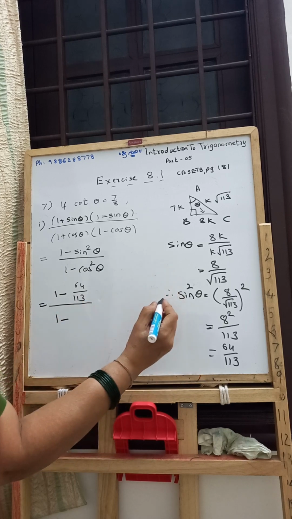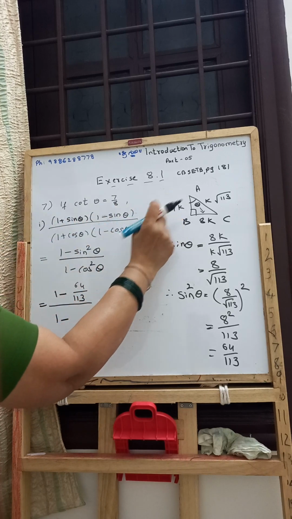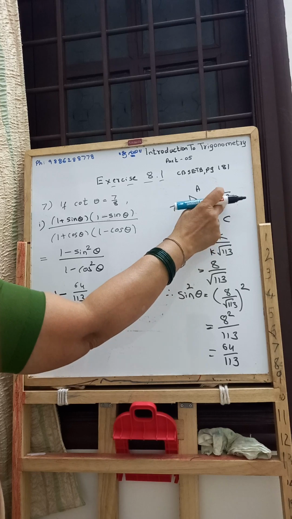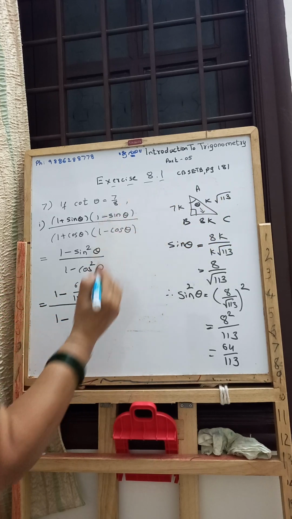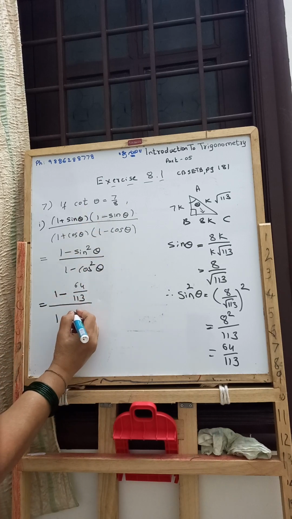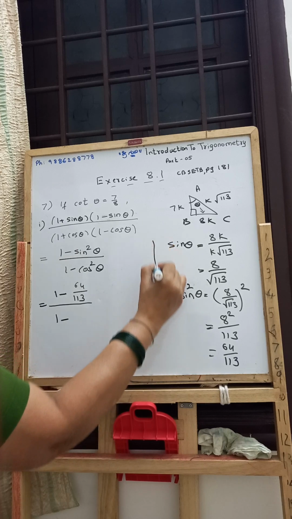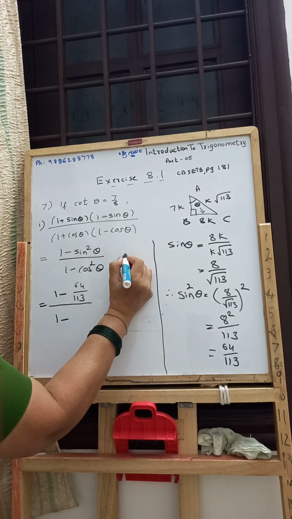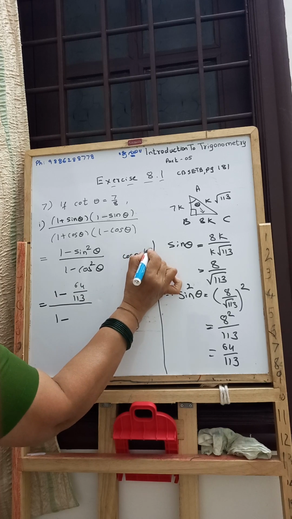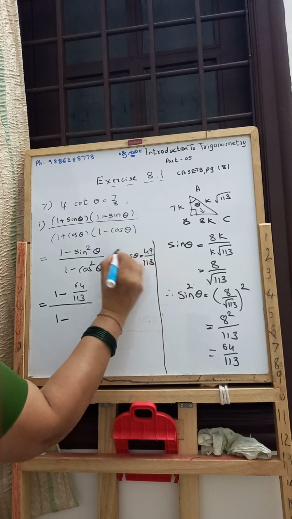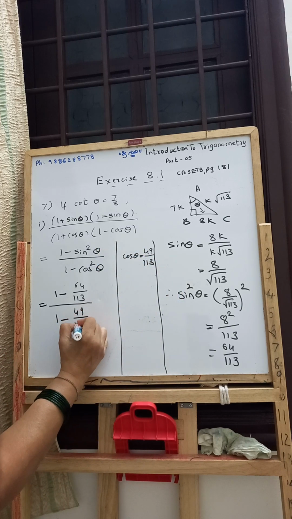Similarly, we find cos theta and cos square theta as cos theta is 7K upon root 113K. Adjacent side is 7K. Therefore, similarly, we can find cos theta by finding like this. We find cos square theta as 49 upon 113. So this is equal to 49 upon 113.